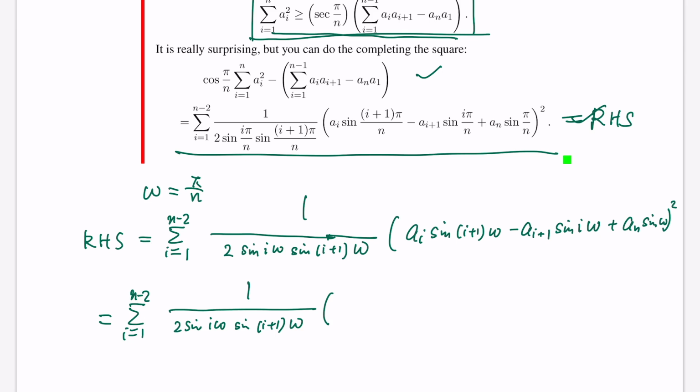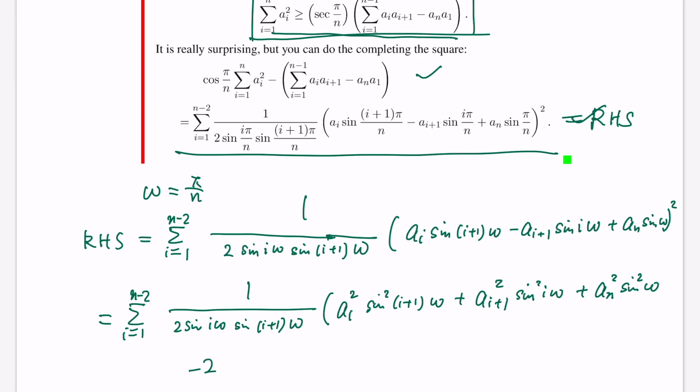And you can expect that if you expand this, you have 6 terms. So let's do this one by one. a_i squared sine squared (i plus 1) omega, plus a_(i plus 1) squared sine squared i omega, plus a_n squared sine squared omega, right?